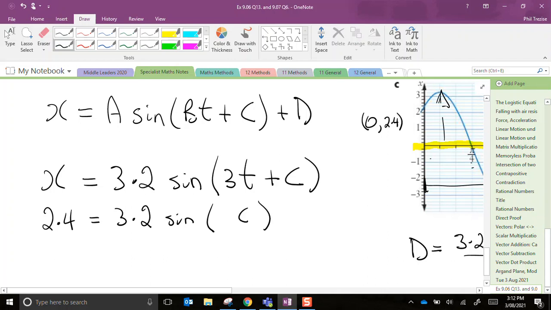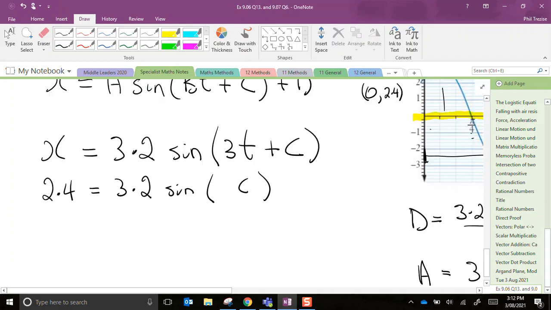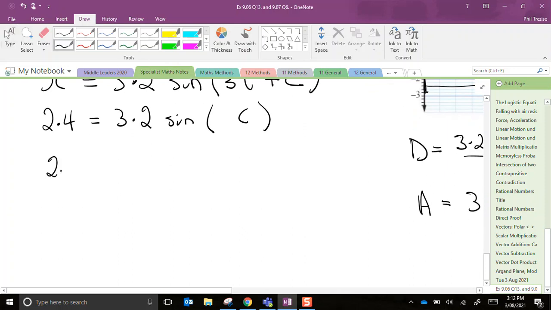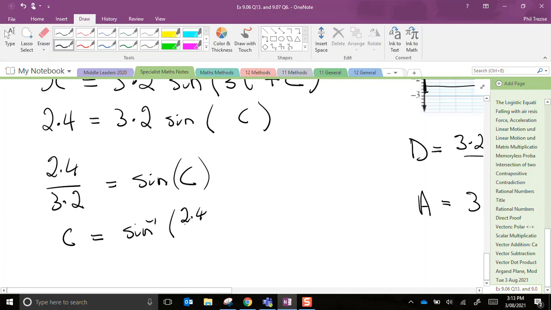It really just comes down to be the sine of C. So 2.4 over 3.2 equals the sine of C. C is therefore the inverse sine of 2.4 over 3.2.